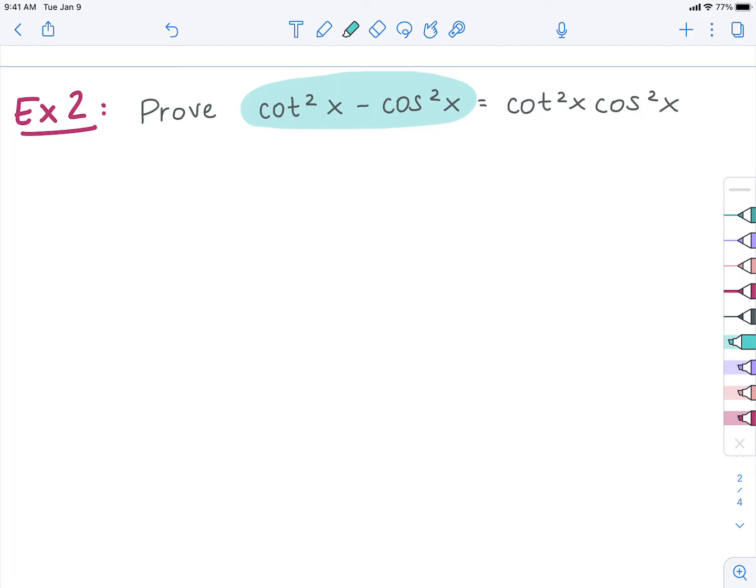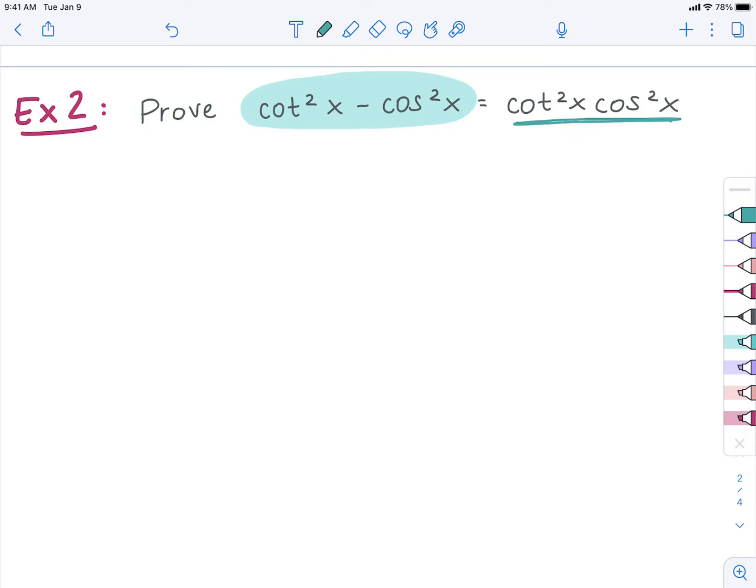They've told me that the left side should end up being what they gave us after the equal sign. So I'm only going to use the left side and I'm going to manipulate the left side to try and get it to look like the right side. That's my ultimate goal. I'm not actually trying to combine everything and solve for x here. I'm trying to prove that they're the same thing.